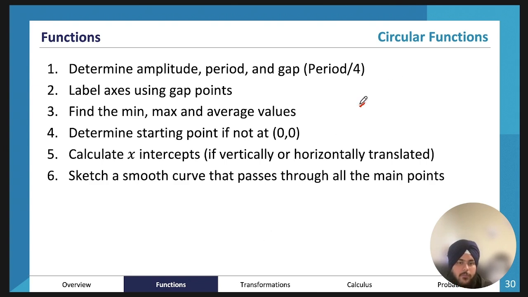So you have 1, 2, 3, 4. Just bear with me while I draw this. Make sure it's really curved and everything. Otherwise, if it looks something like this, you won't get full marks.